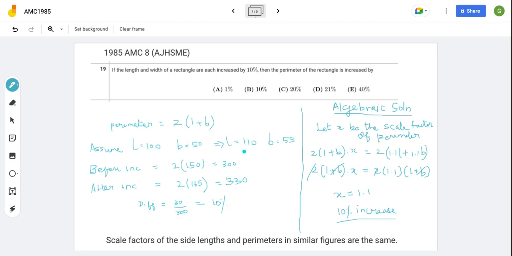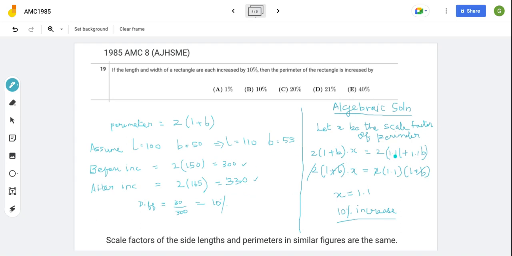When I scale it, the length becomes 110, an increase of 10%, and breadth becomes 55, an increase of again 10%. Before the increase, the perimeter is 300. After the increase, the perimeter is 330. Right? So the difference is 30 between the two, and 30 upon 300 will give me 10%. So the answer here is B, 10%.